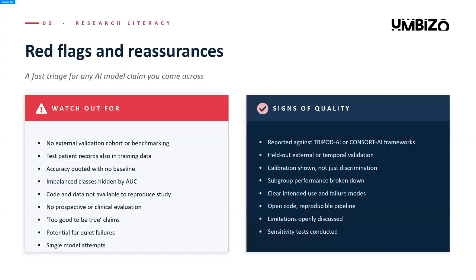These are just some things that I would watch out for if I was reviewing a paper involving AI. Again, if there's no external testing in different types of data sets and no testing against benchmark data, if they've only used a small training data set, maybe there are some issues about balance in the data.